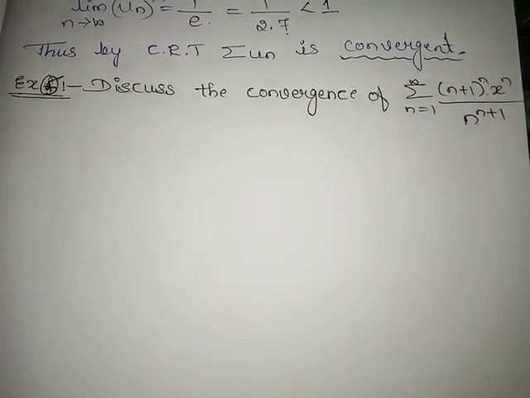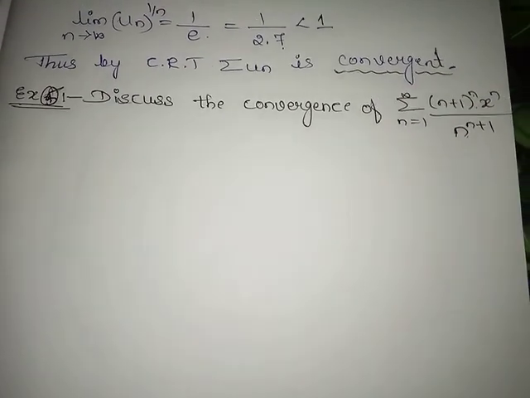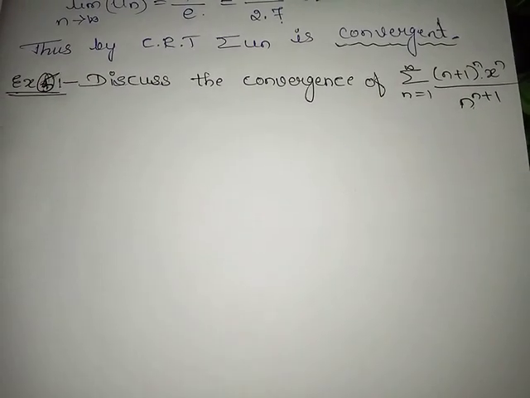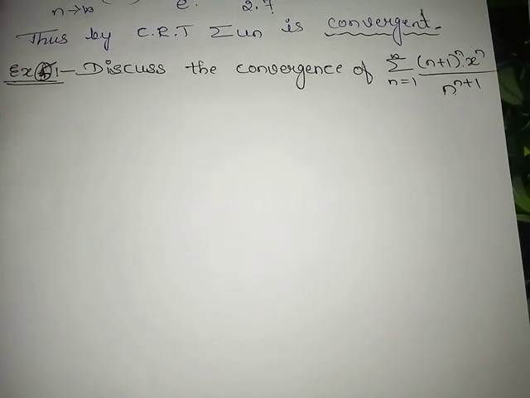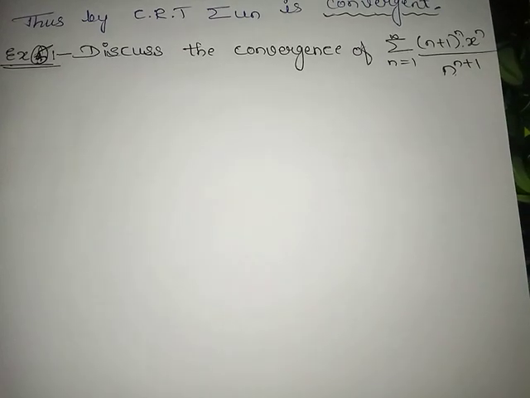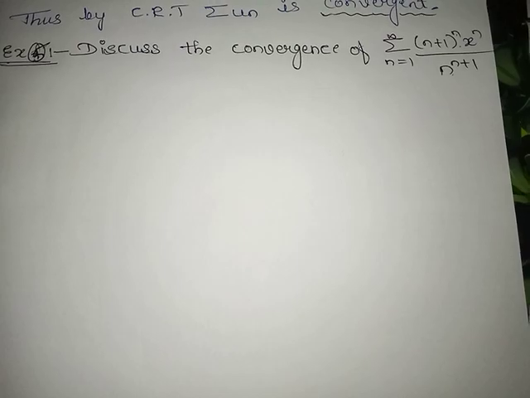Solve this example yourself. In the live class I will see your answers. All of you must try this example. Solve it the same as the previous example, and you will get a result.